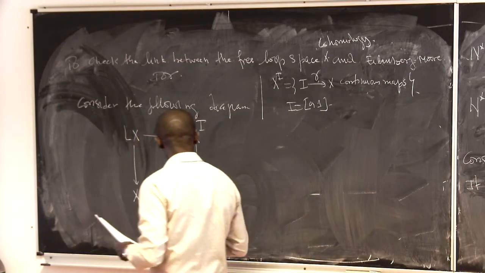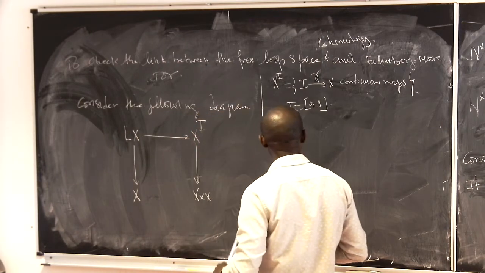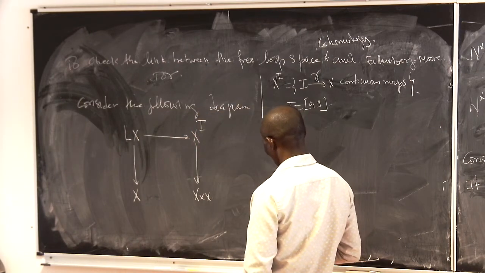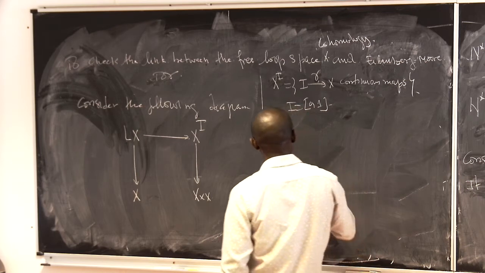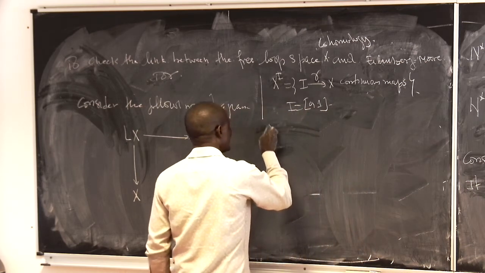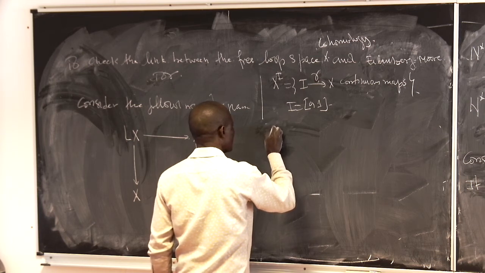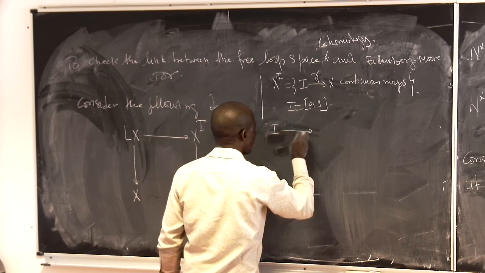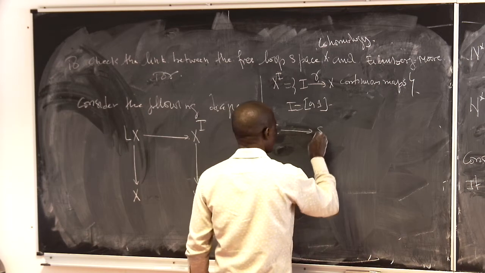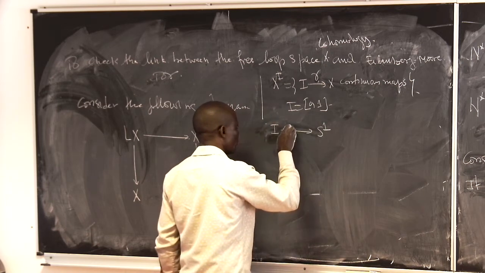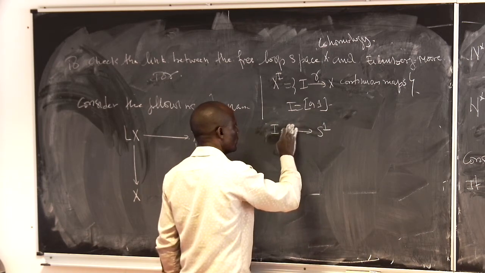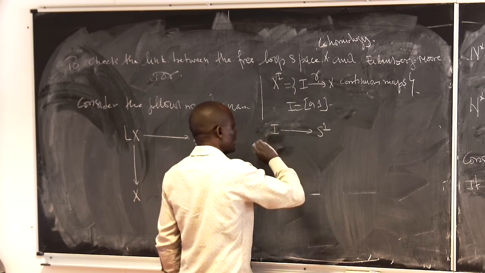This is the cross product of this. So, remark that there is a relation between the unit interval and the unit circle, assigned by these maps.